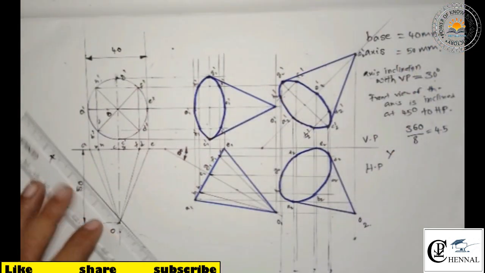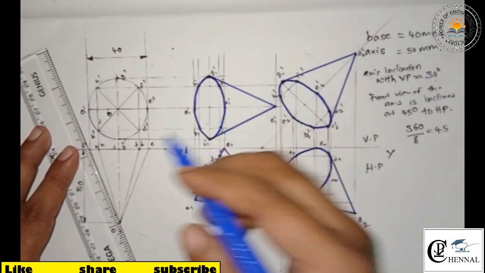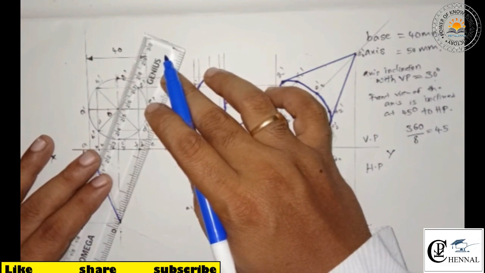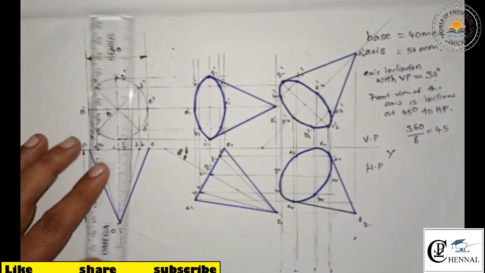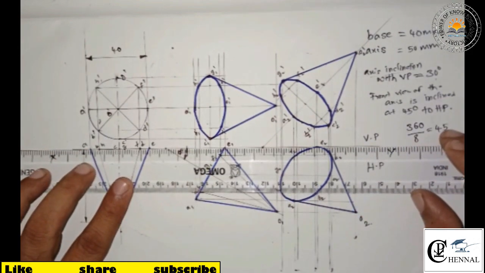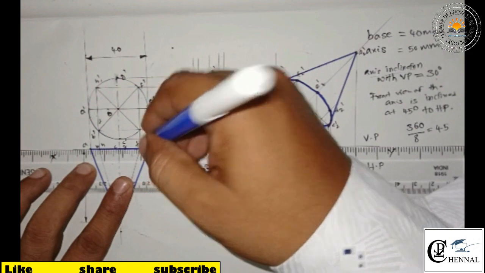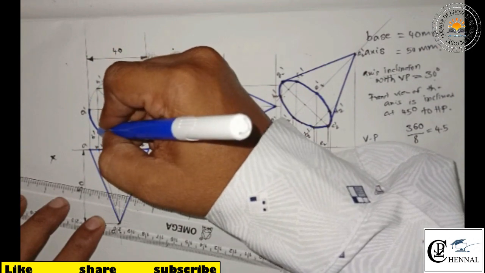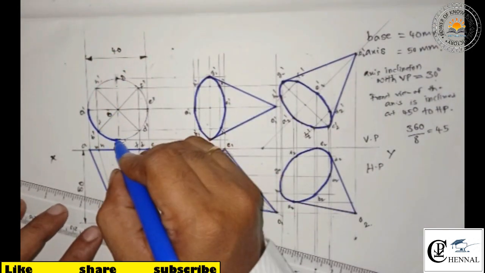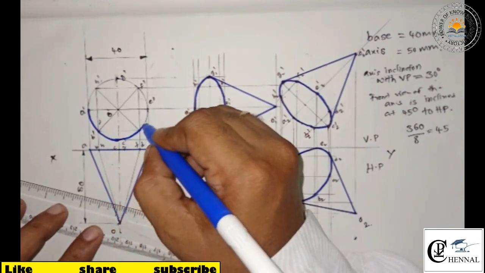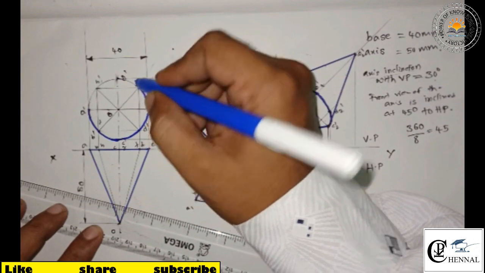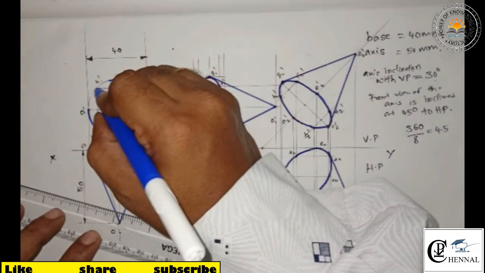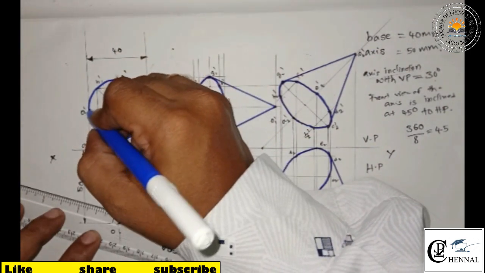So here also A to O is a thick line, and O to E is also a thick line, and A to E is also a thick line, and the curve from A dash to B dash, B dash to C dash, C dash to D dash, D dash to E dash, E dash to F dash, F dash to G dash, G dash to H dash, H dash to A dash is thick.